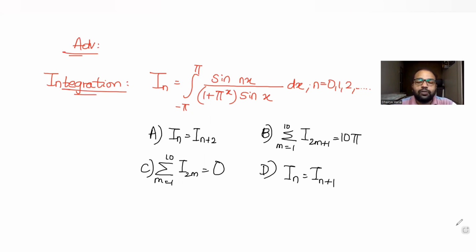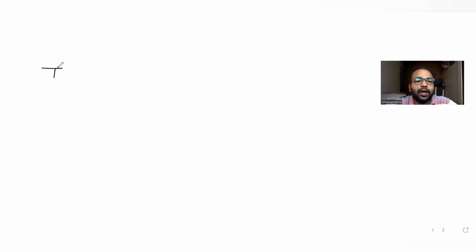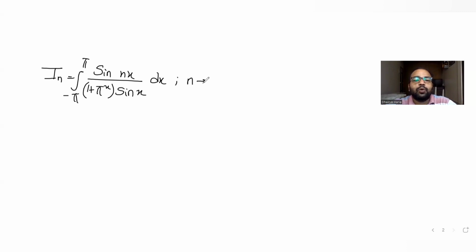Let's figure out. If I try to solve the integral first, I have been given In as integral of -π to +π sine nx upon 1 plus pi raised to x sine x dx, and this is valid for all the non-negative integers.